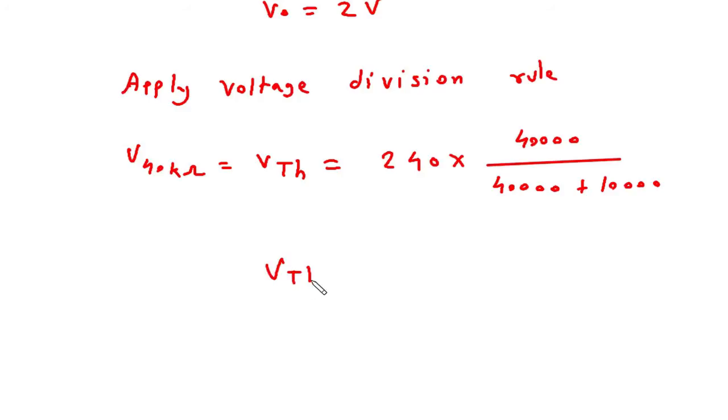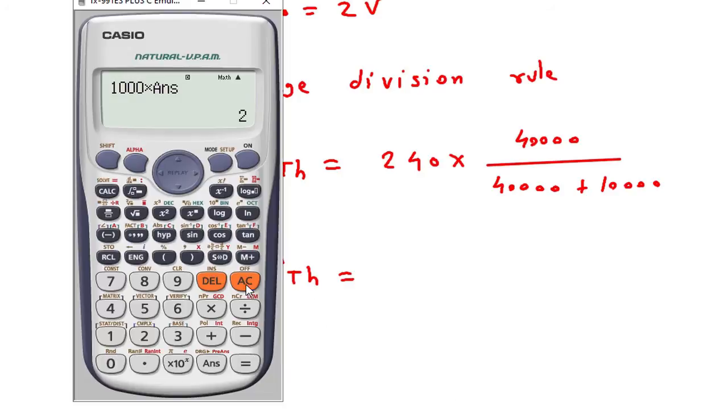So therefore VTH is equal to 240 into 40,000 divided by 40,000 plus 10,000.